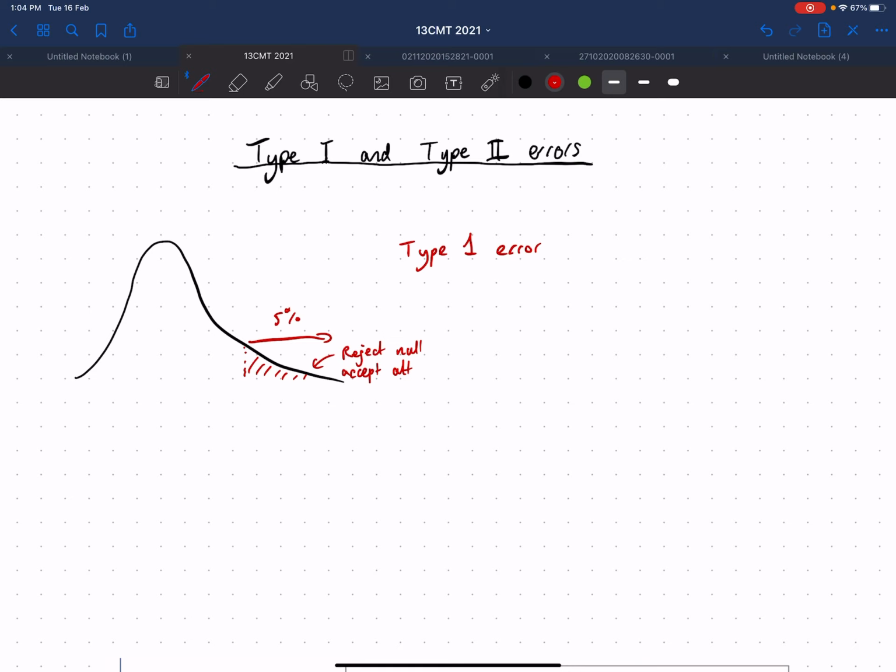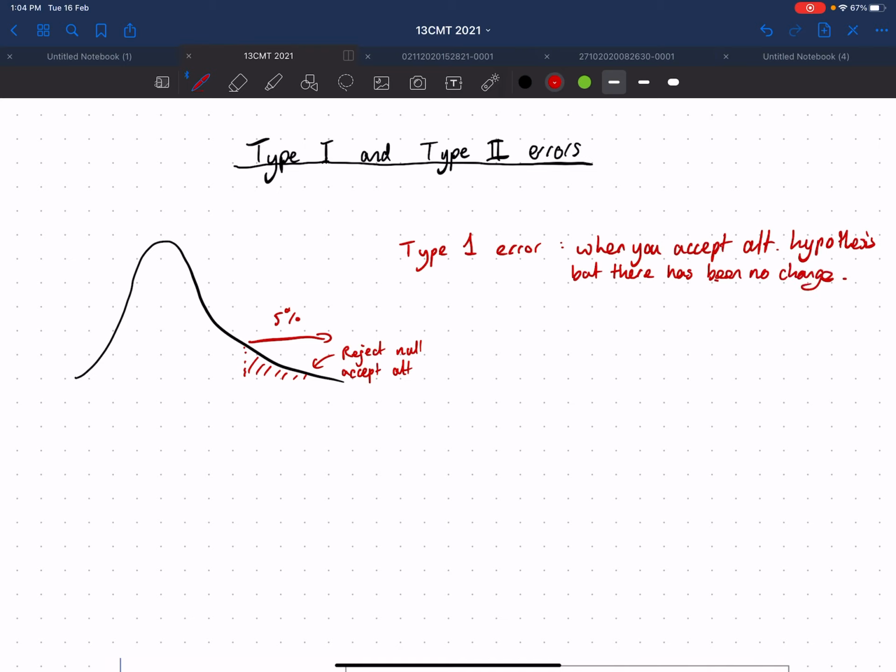Okay, so when you accept alt hypothesis, but there has been no change. And it's not your fault that this happens.